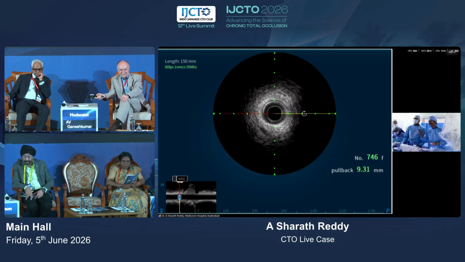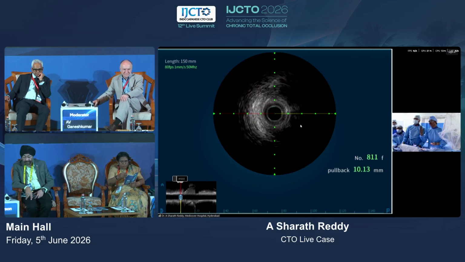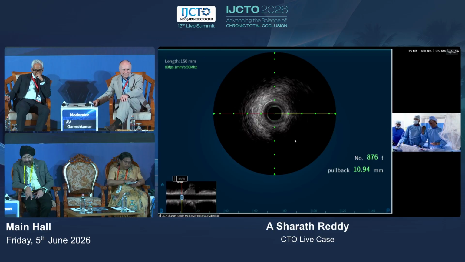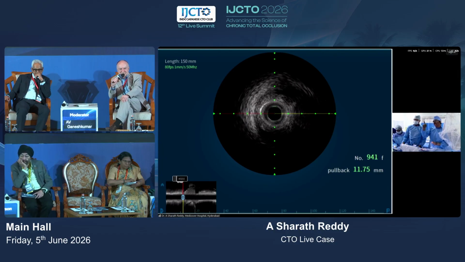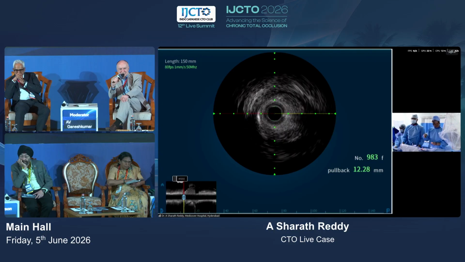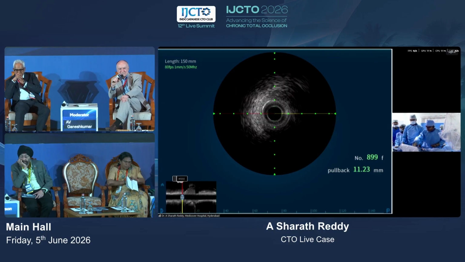You can see here at 3 to 6 o'clock a vessel coming and joining. It's okay, but it's not a gradual entry, and you can see the branch which is coming and joining is also in the same direction. So that was the problem I had.